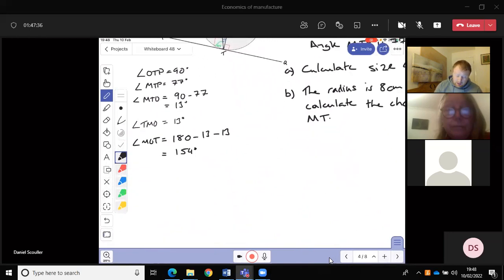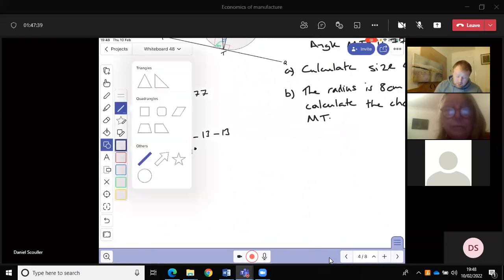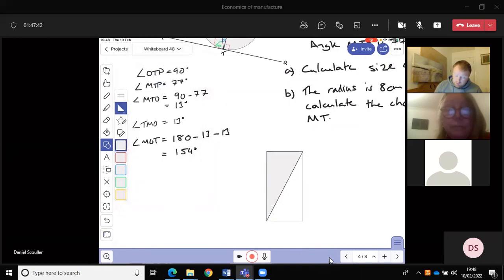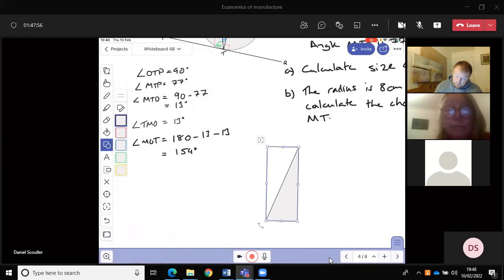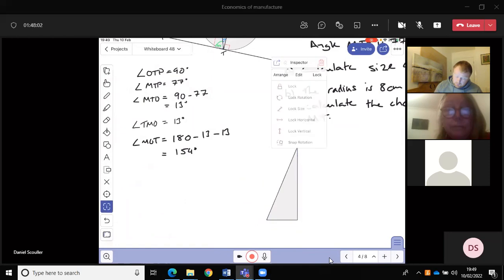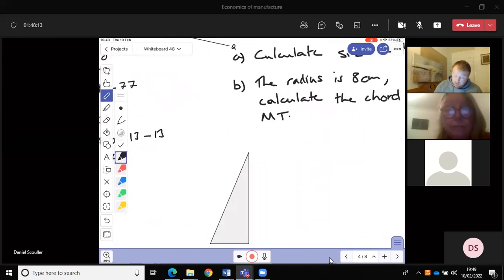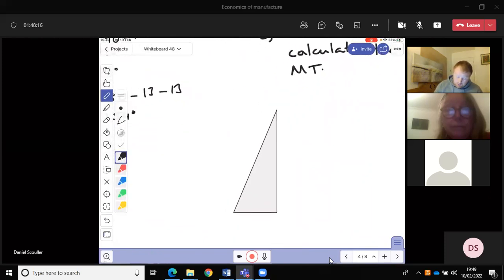So effectively we've created a right angle triangle, which is the wrong way round.